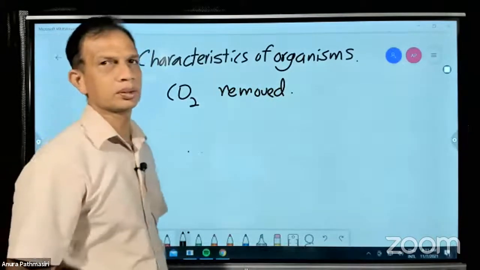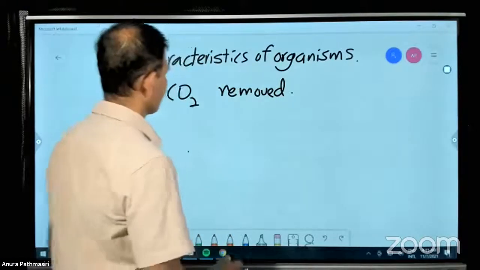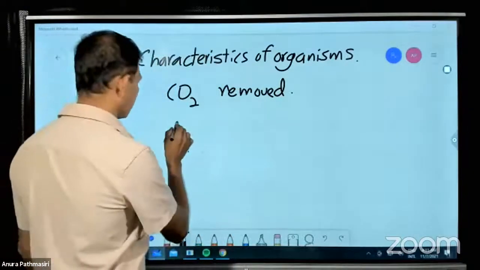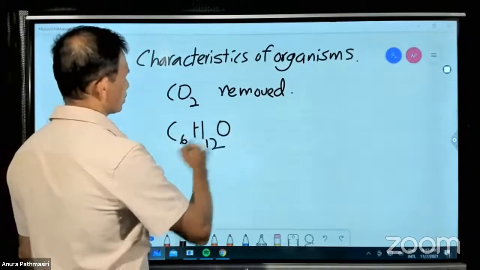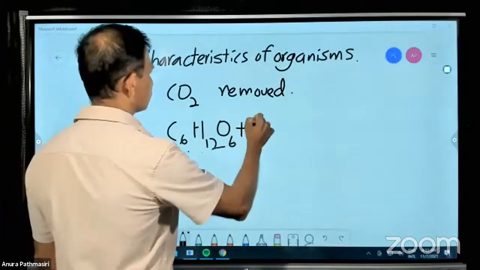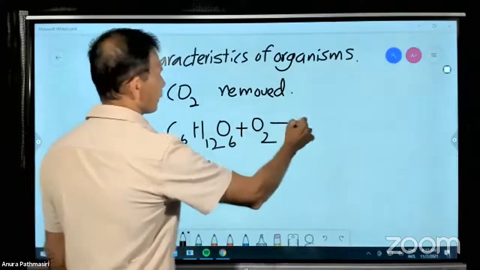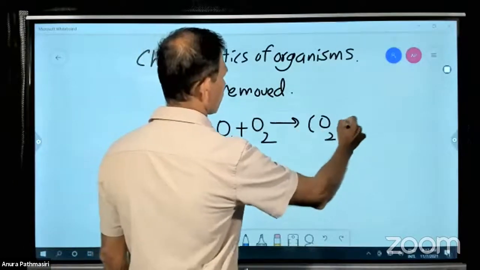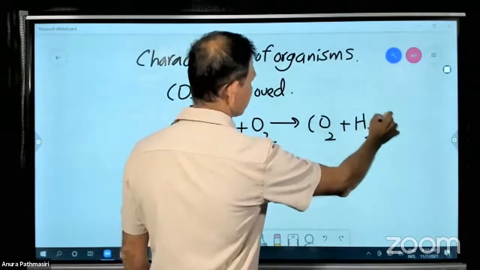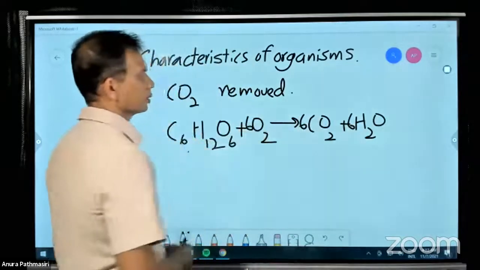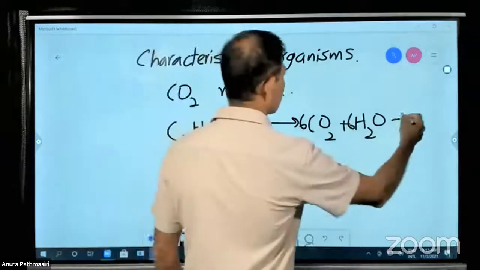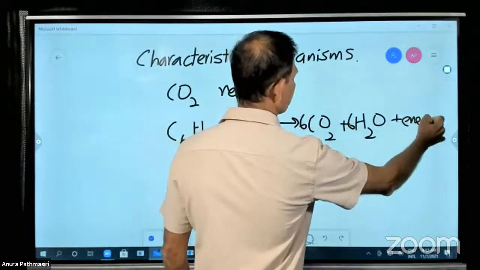Carbon dioxide is removed as a product of respiration. In cellular respiration, we know that glucose, C6H12O6, with oxygen gives carbon dioxide and water vapor when you balance it, and energy is produced.